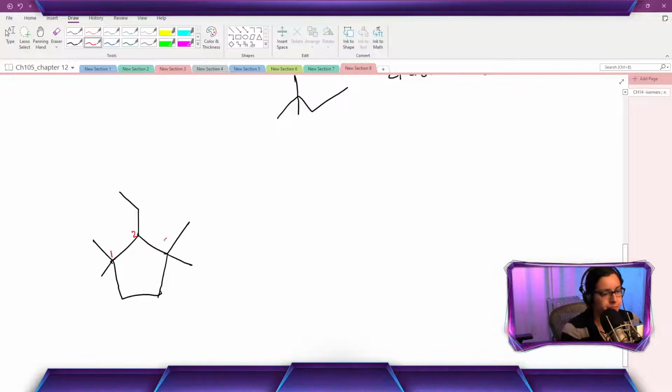So 1, 2, 3, 4, 5. And so now we can name it. So we have methyl groups and ethyl groups. So this will be 2-ethyl. And then 1,1,3,3-tetramethyl cyclopentane.